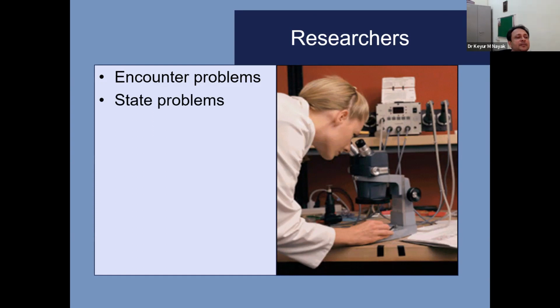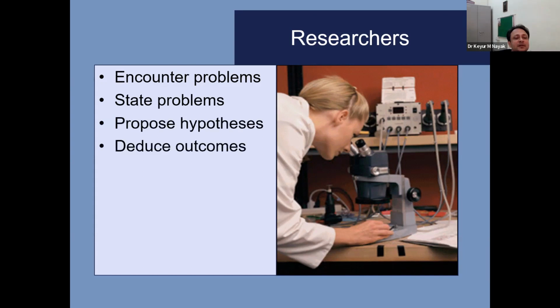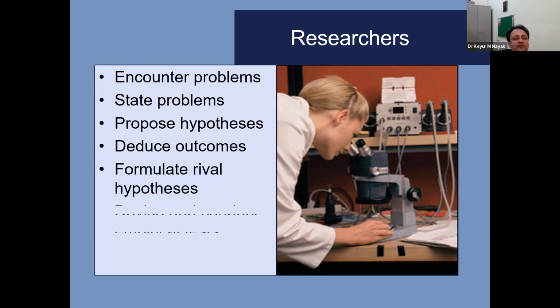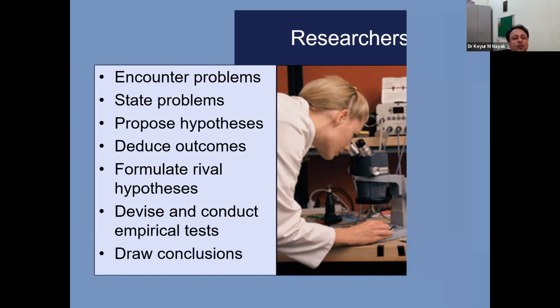Identify the real problem. So once you have identified the problem, you should be able to state the problem. Then propose hypothesis. Then deduce outcomes. Formulate rival hypothesis. Devise and conduct empirical tests. Draw conclusions.